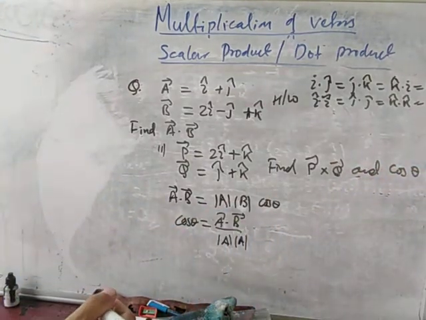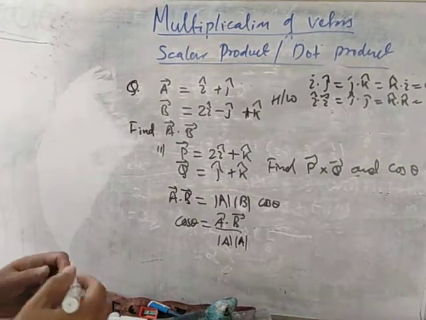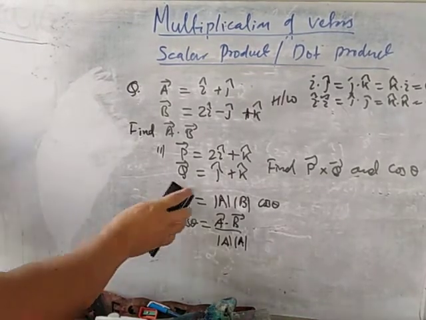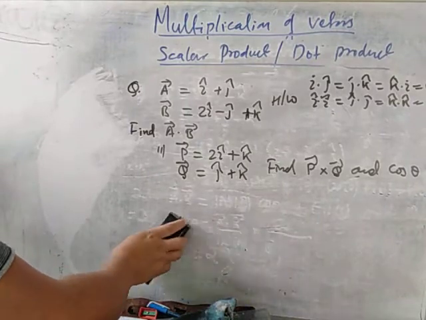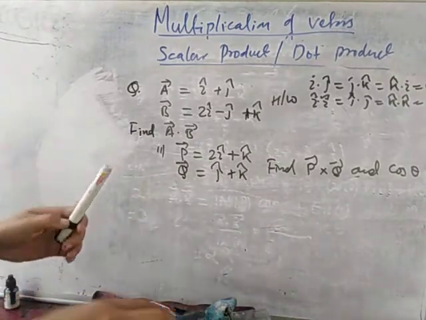So let's start this one. First you have to find a dot b.